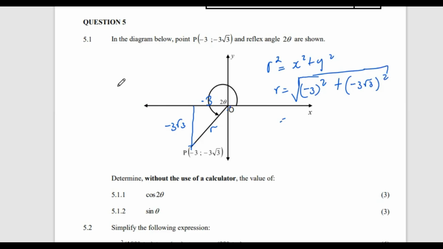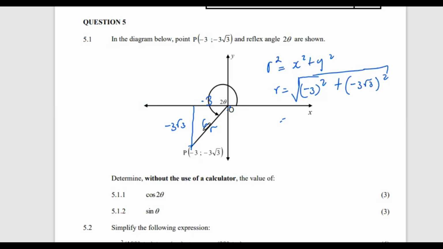Now punch that. We have -3 squared plus -3√3, that's squared. So that's giving me a 6. So remember, this answer of yours should never be negative in any way.